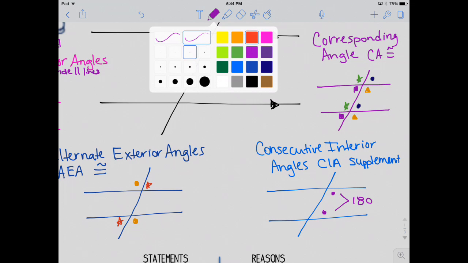So we said that this angle and this angle are alternate exterior angles, and alternate exterior angles are congruent. So 5x squared plus 2x minus 45 equals 6x squared minus 9x minus 17.